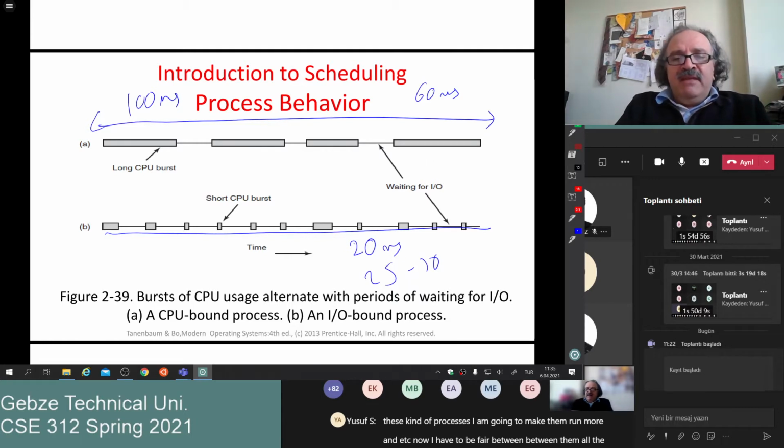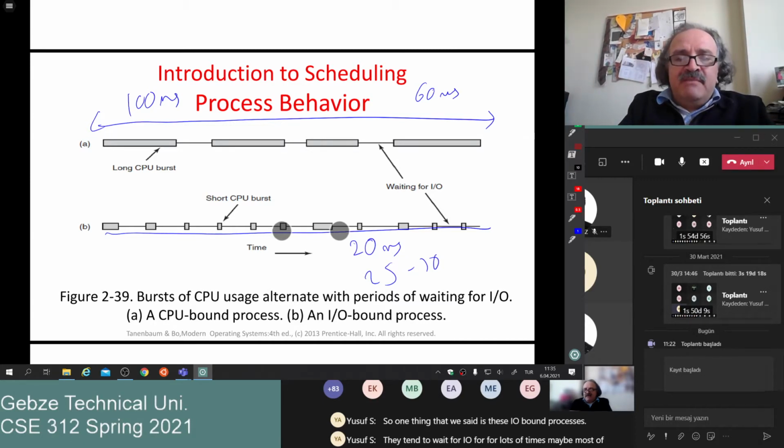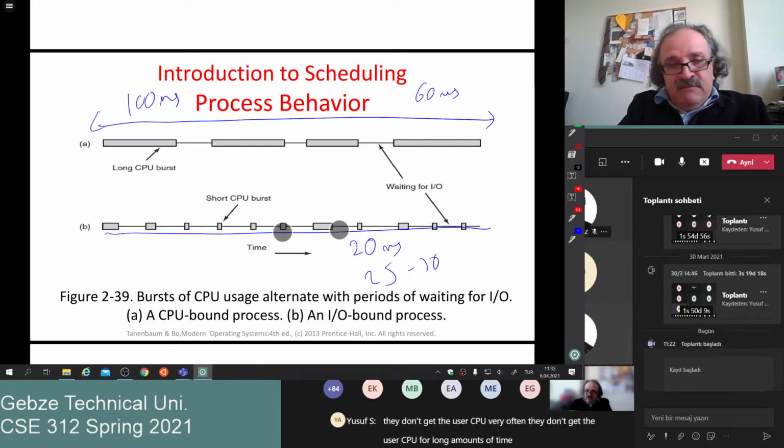One thing that we said is these IO bound processes tend to wait for IO a lot, maybe most of their lifetimes. They are waiting for IO to complete, so they don't get to use the CPU very often, or for long amounts of time. That's why we need to be careful.